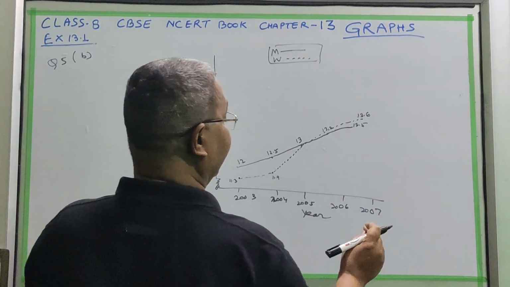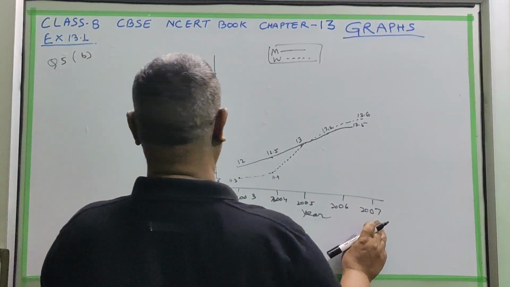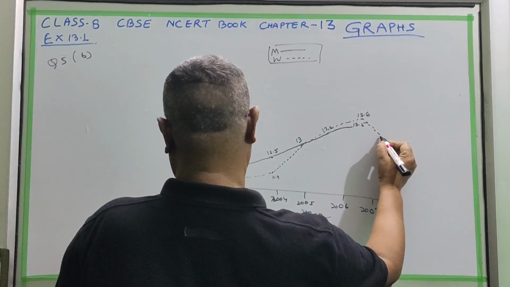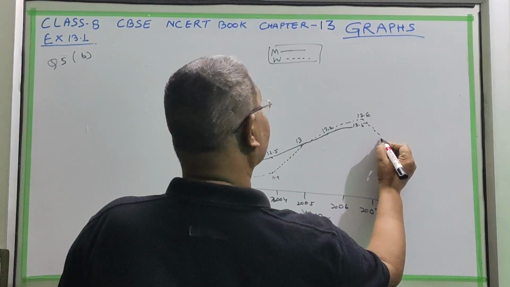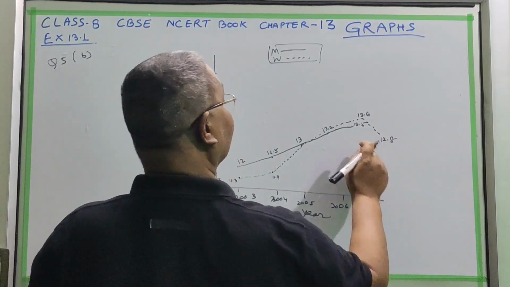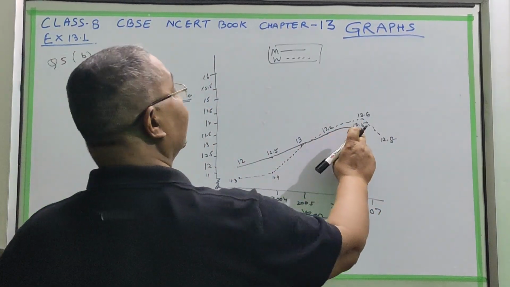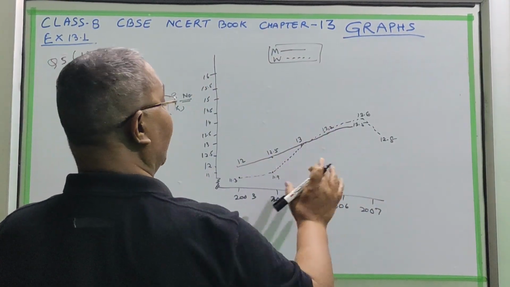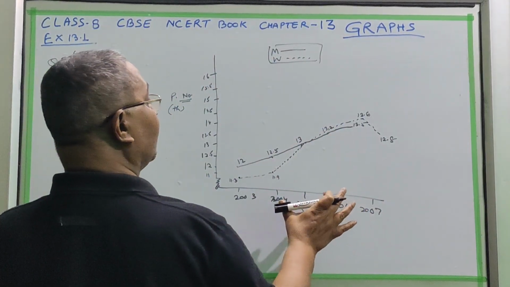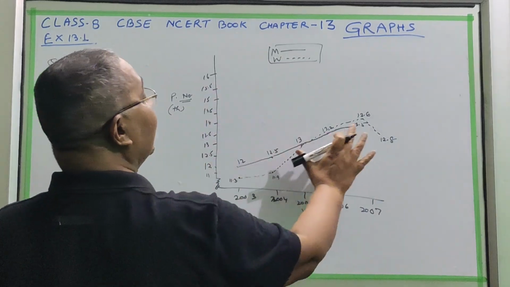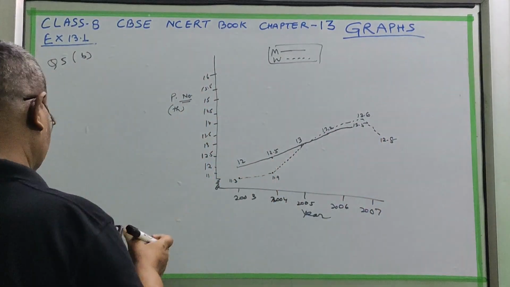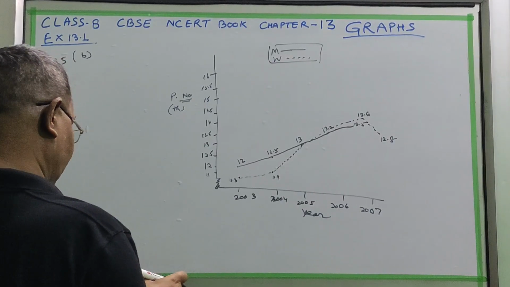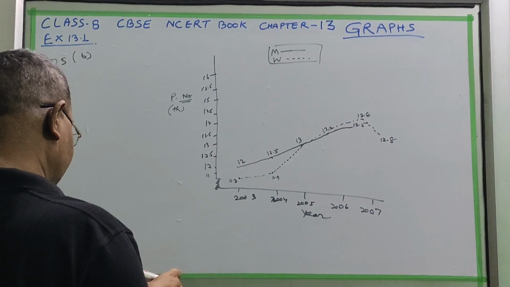Then 12.8, then again it is going down. In 2007 it is 12.8, it will come down. So in this way one is women's and one is men's. By scale on the graph you make it, it will come in the exact position. Here by rough hand drawing, that's why it may not be showing you the correct thing.